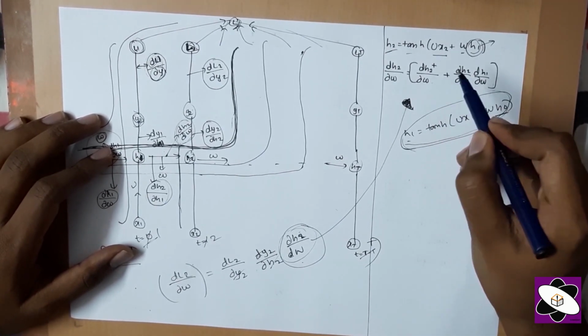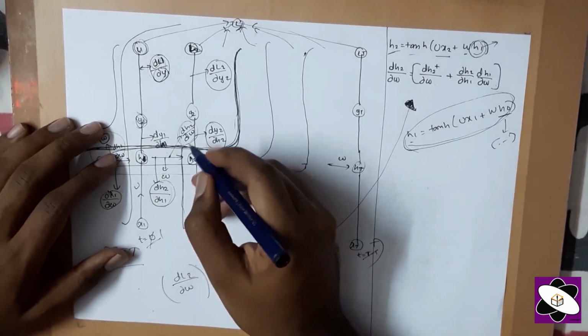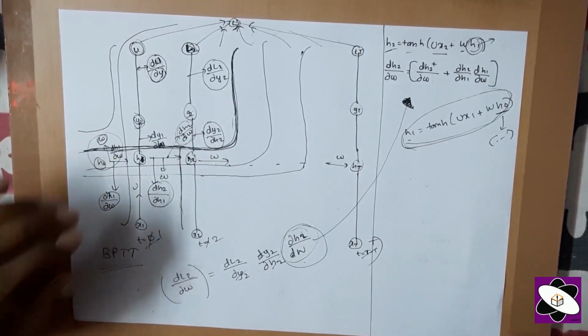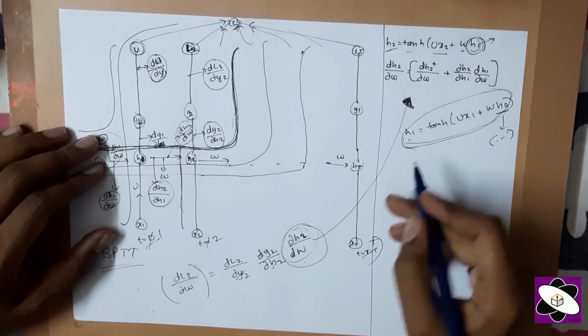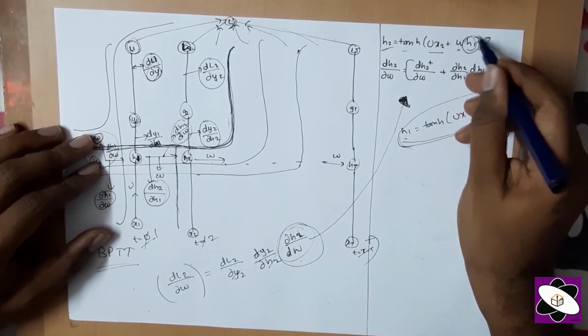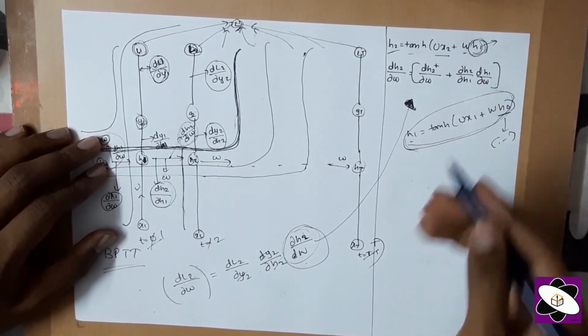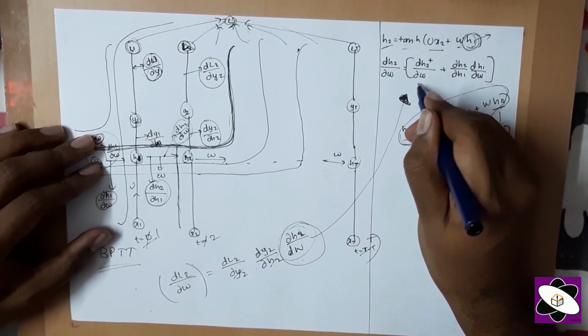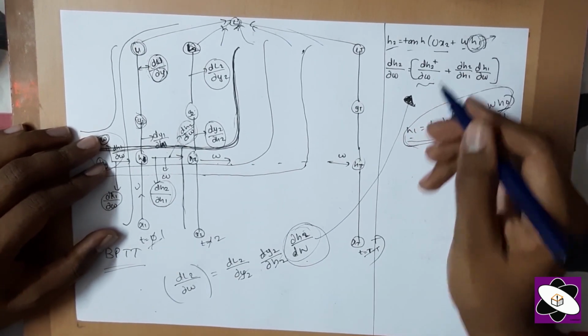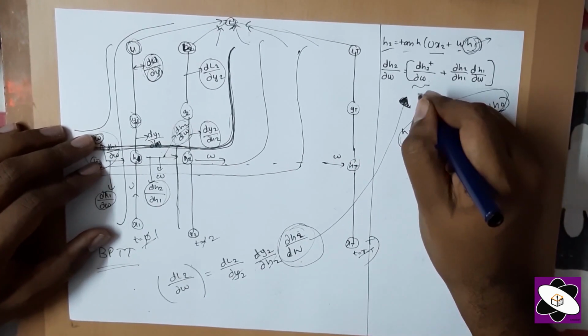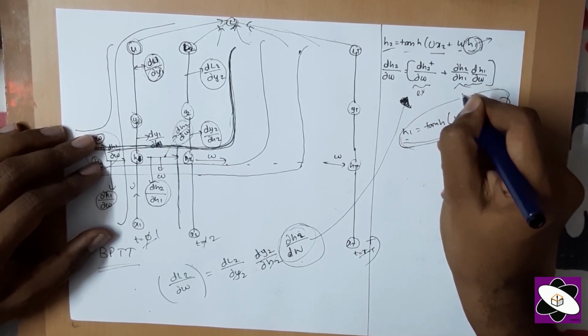So what happens is we will do implicit differentiation, because in h2 we are inherently calculating all the losses and all the functions which happen in h1. So here dh2 plus, we will treat this as explicit and this as implicit.